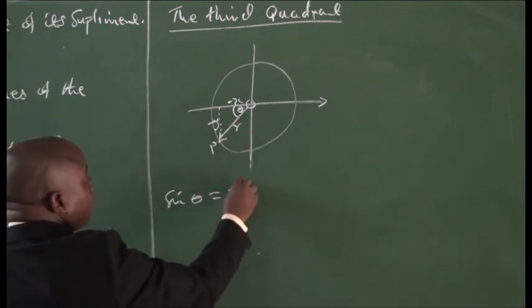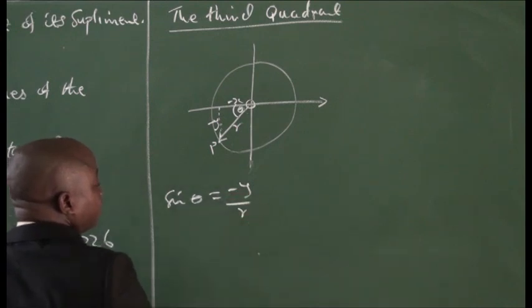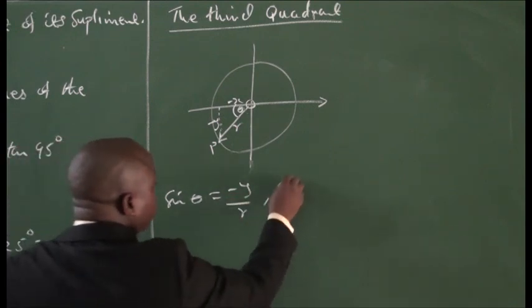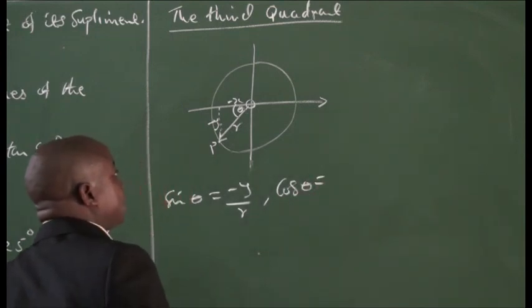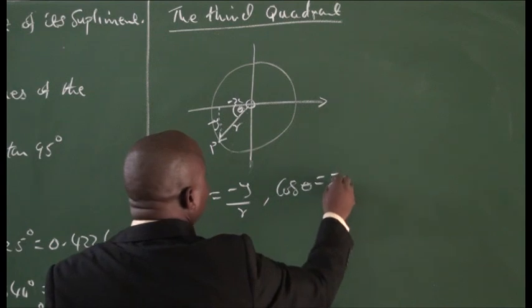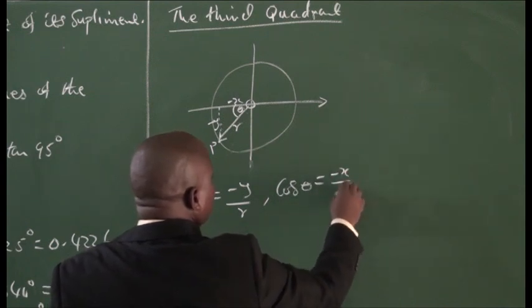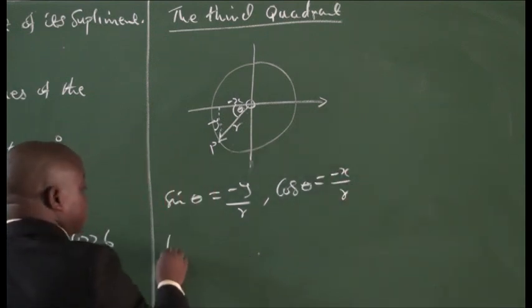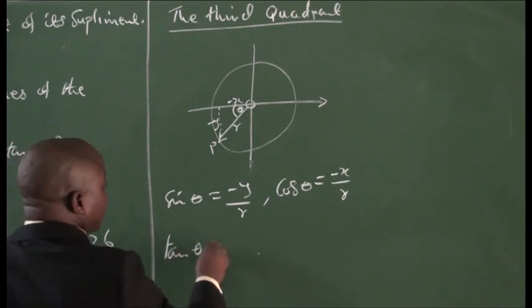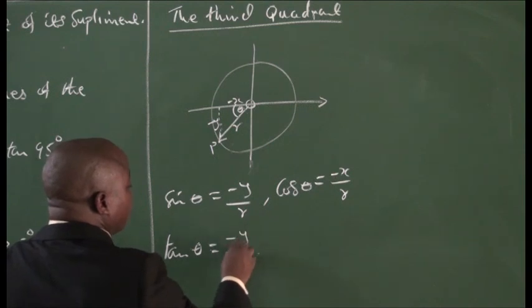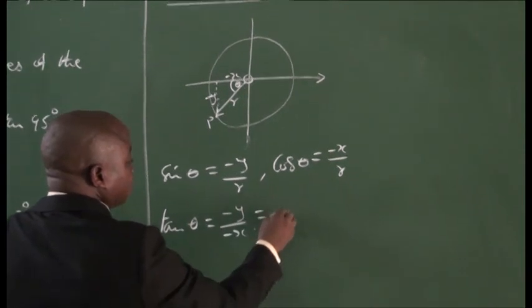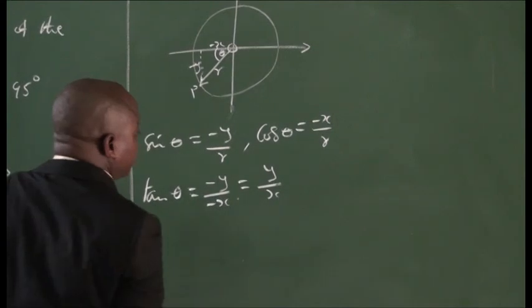Sine theta is minus y over r. Then cos theta, cos is adjacent, that is minus x over r.